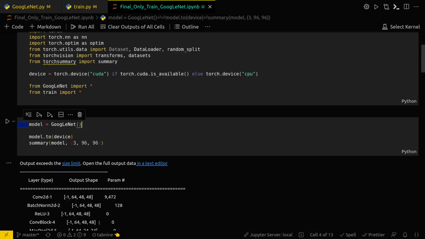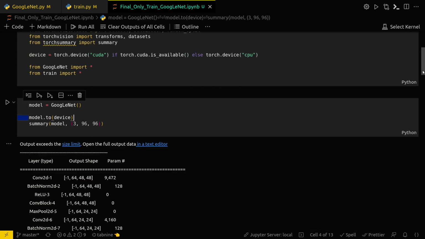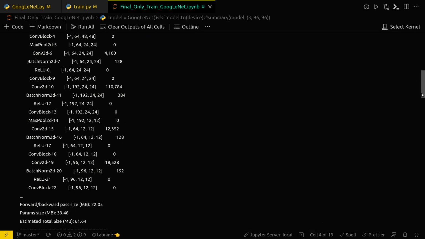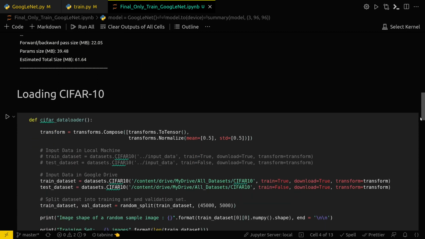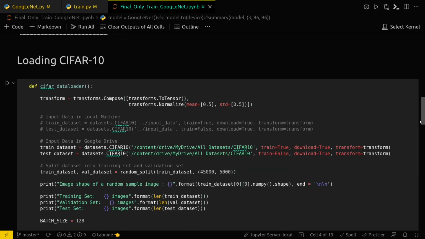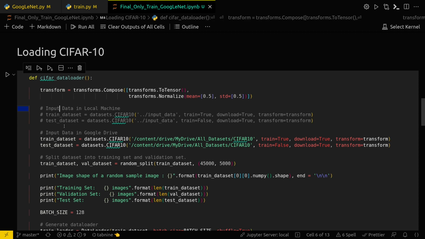All right, that was my summary, but now I need to do the actual training on the CIFAR-10 dataset. For that, I need to load my CIFAR-10 dataset, and that's what I'm doing here with this little function. A very simple function. All I'm doing is invoking torchvision.datasets, and then the CIFAR10 dataset, and that will pull the entire CIFAR-10 dataset into the directory that you mention here.